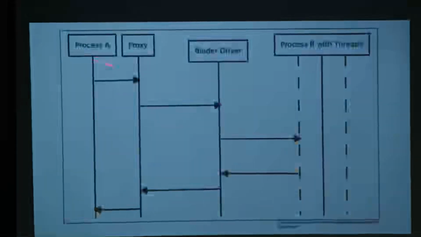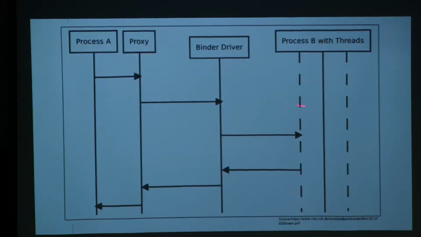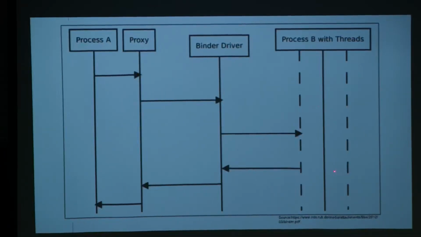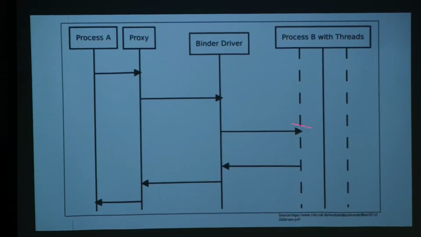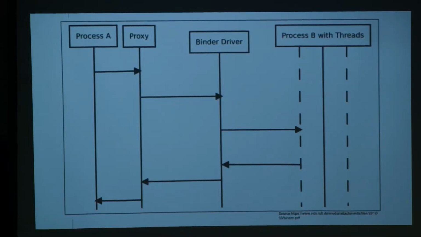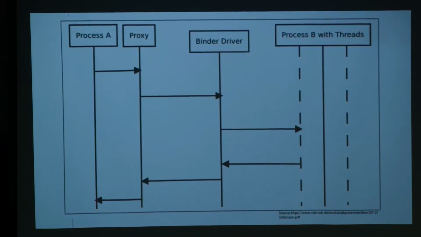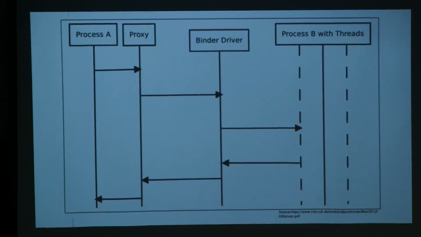Process A wants access to process B, and you have the Binder driver, which acts as the proxy here. Process A is asking Binder if it can access process B's threads. Now there is one-way communication, not bidirectional, between process A and process B, because let's say there was a permission on an activity that was exported, and it was defined within the Android manifest XML.